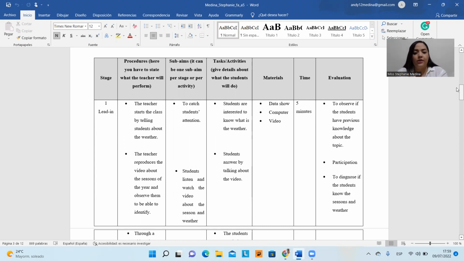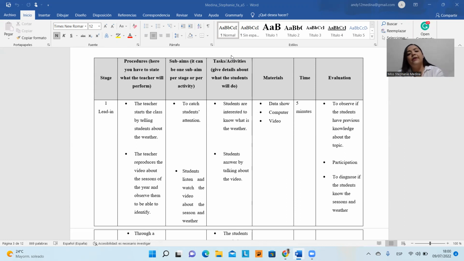It can be one submit test and activity material in the time in the evaluation. So at first, the teacher started the class by talking about the weather. And the teacher reproduced a video about the seasons of the year and observed them to be able to identify them. So in this part, to catch student attention, students listen and watch the video about the seasons and weather.